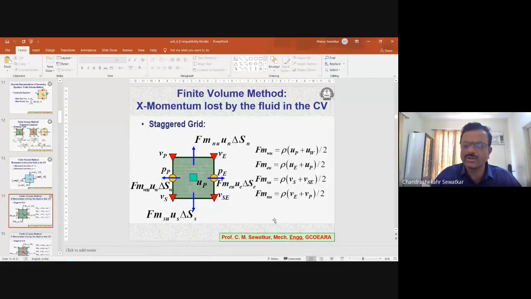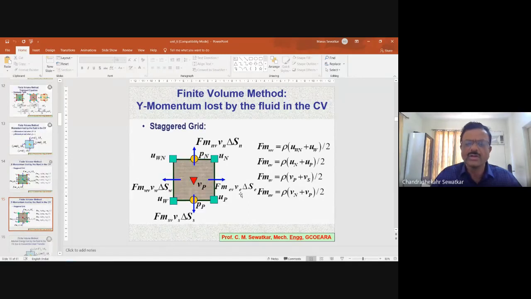For which we have given the expressions here, and we need to calculate the value of a variable, that is U velocity, if it is x momentum loss, and that can be calculated using convection schemes, which we talked about in the sessions which we conducted yesterday.